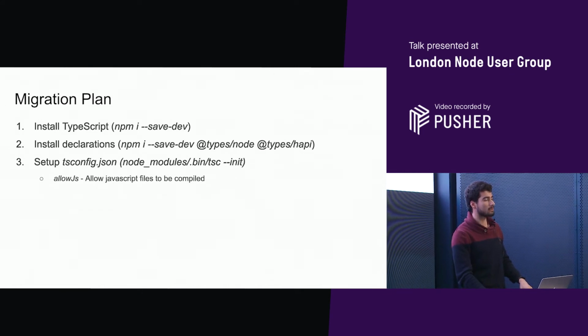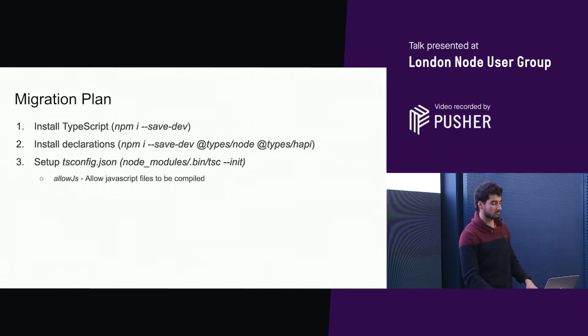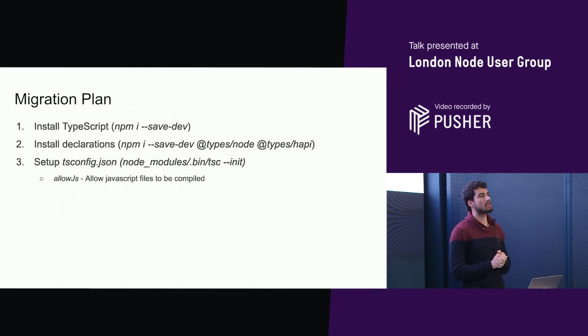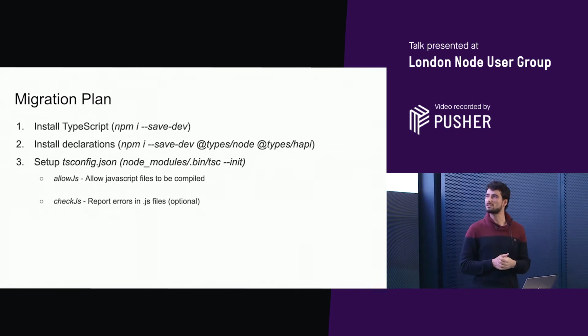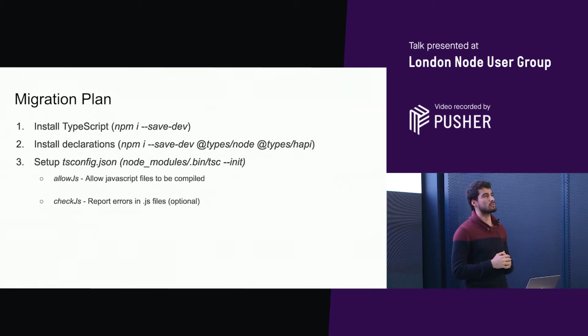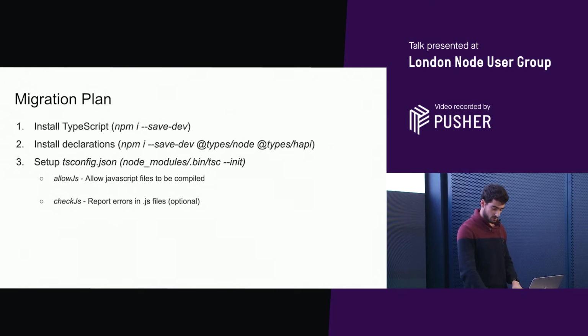Then we need to enable this option, allowJs. This tells the TypeScript compiler that instead of just looking at the TypeScript files, now you are also compiling the JavaScript. And optionally, we can also enable this option, checkJs. This option means you are trying to find errors in the JavaScript, and I will explain how the TypeScript compiler will find errors in JavaScript.